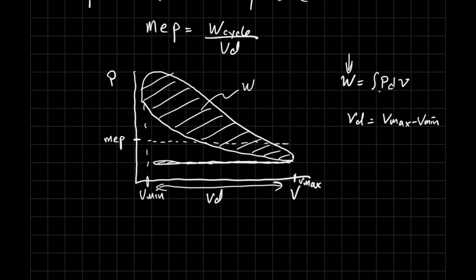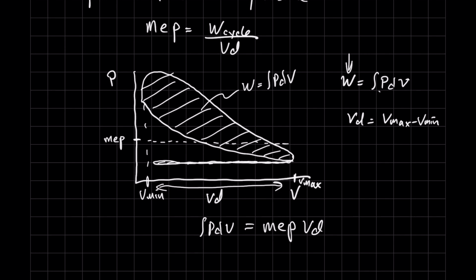there's an actual work relationship here, right, which is the integral of PdV, okay? Well, that work, the integral of PdV, is equal to the mean effective pressure times the displaced volume, okay?